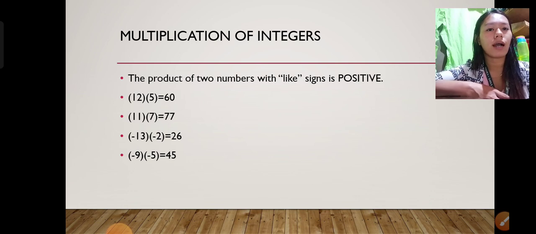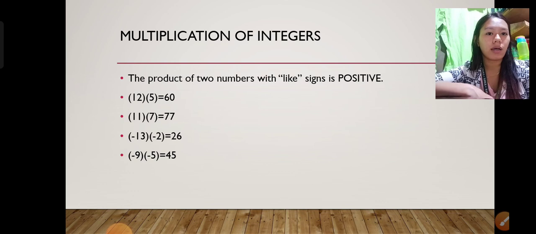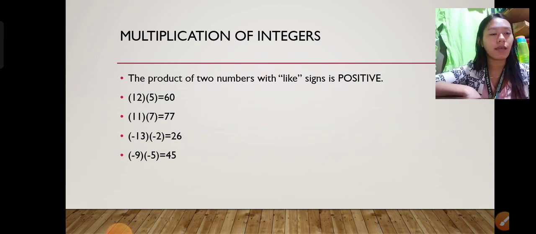Are there any questions on the multiplication of integers? Again, the signs: positive times positive is equal to positive. Negative times negative is also positive. Then, negative times positive is equal to negative.